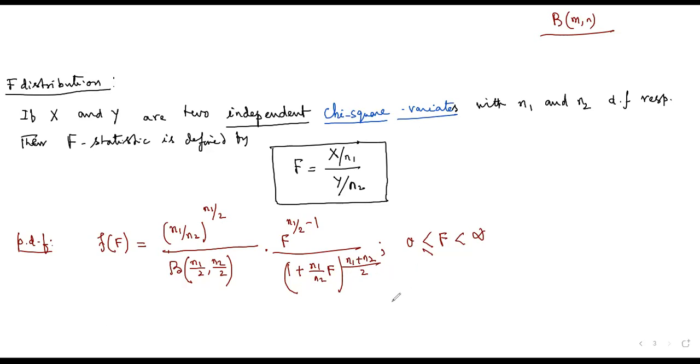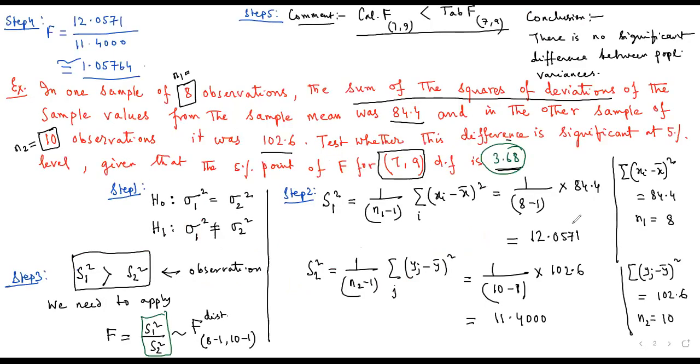Now we have defined the F distribution and F test, and I have shown you how to implement this F test to do the problems, and it is a very simple problem that we have considered over here. The next part that is coming to your mind is, can we do the F distribution with the help of any mathematical software?